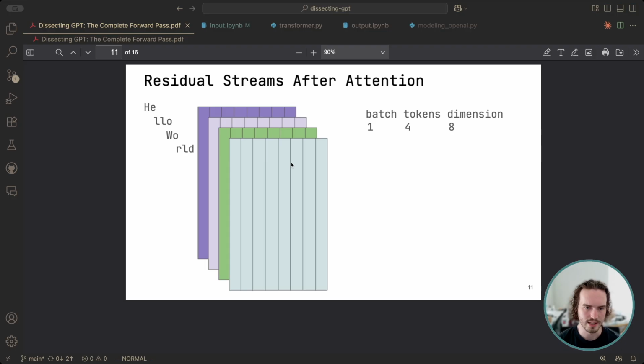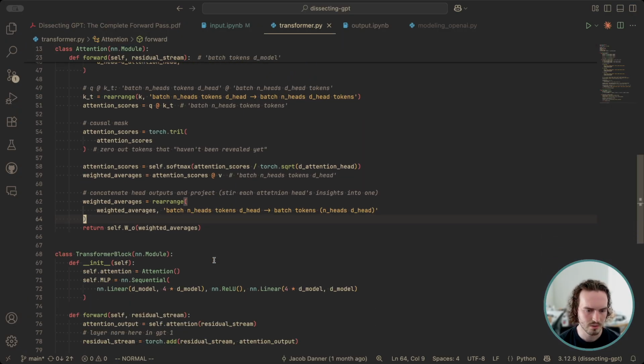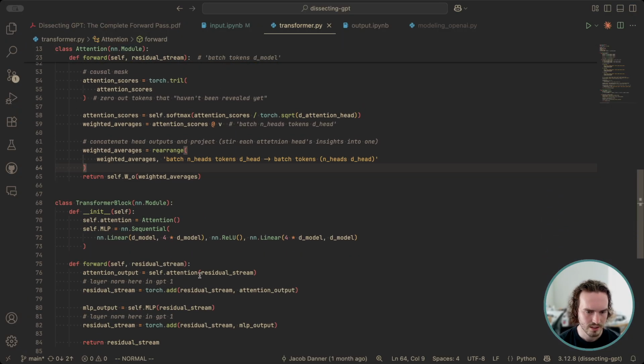And so then, like I mentioned here, that is going to be the residual stream after the attention mechanism. And so going back here, we've calculated our attention output, and now we're going to add it back onto the residual stream. And then we're going to run our multi-layer perceptron over the residual stream.